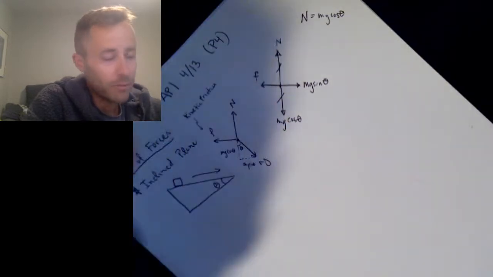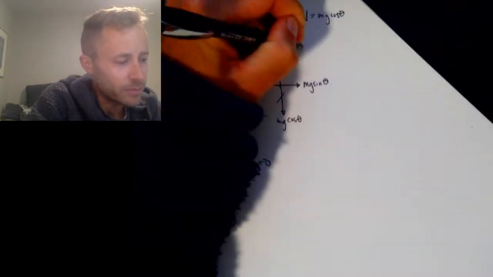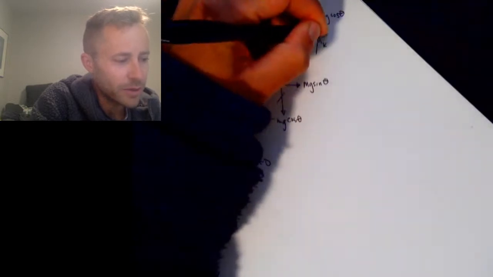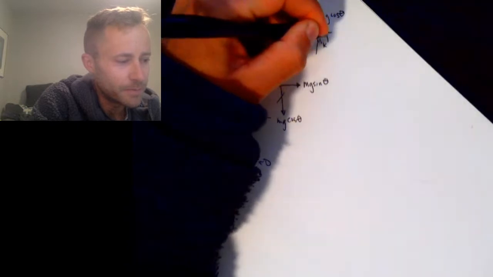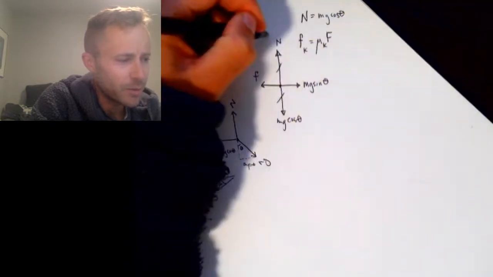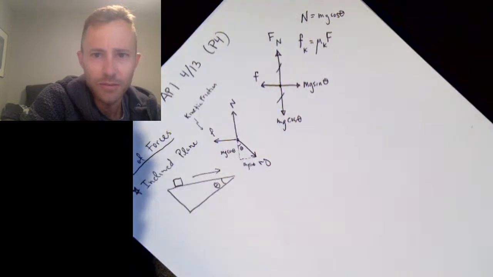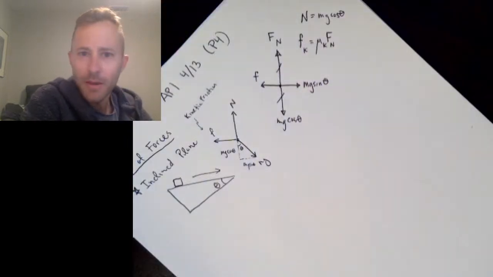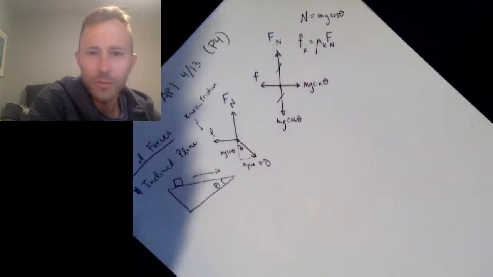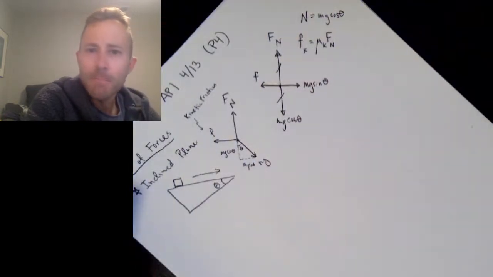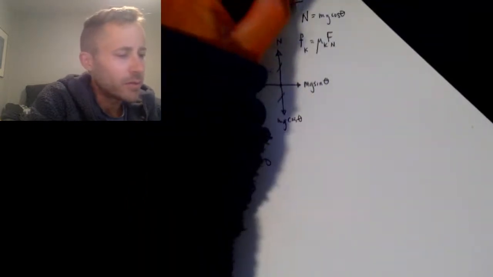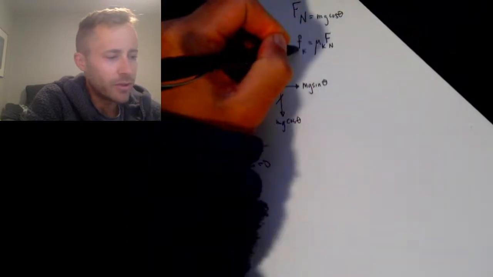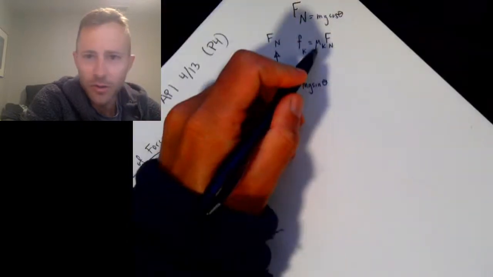And then we have a formula for kinetic friction, which is mu sub k times normal. I can't remember if I called normal F sub n or n. Sometimes I do both, so we'll call this F sub n for normal force. This is F sub n. So this is called the coefficient of kinetic friction.